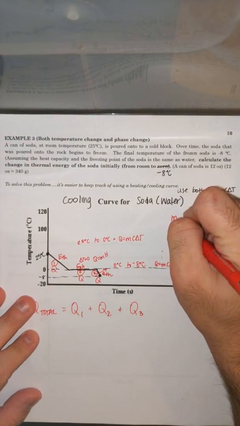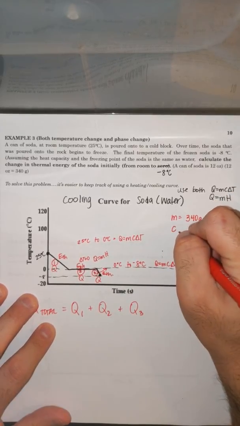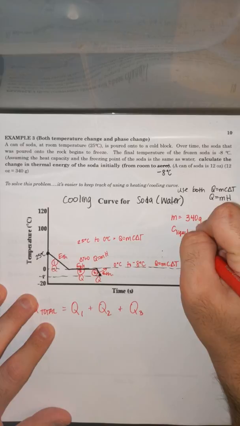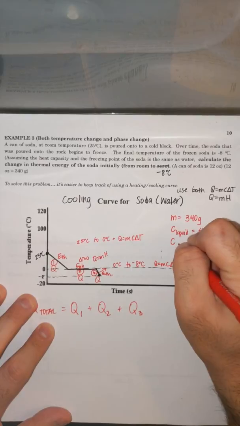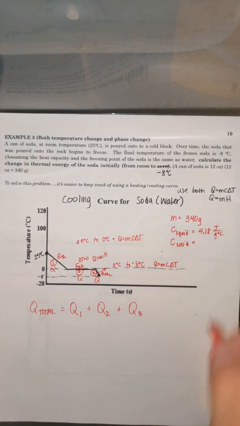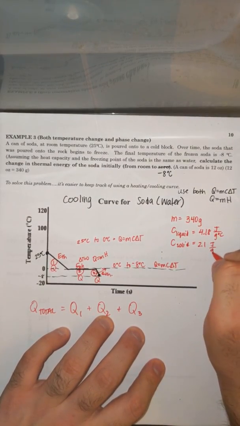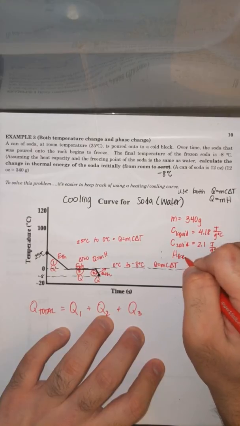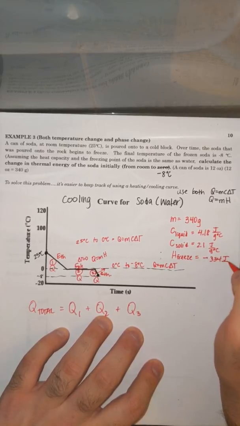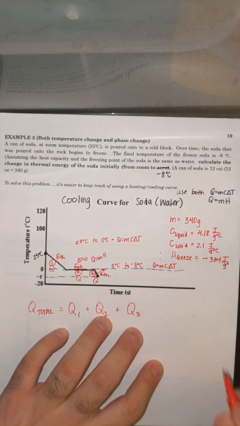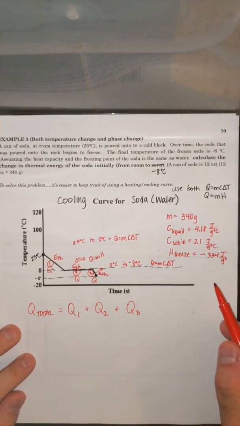Don't forget that m for everything is going to be 340 grams. C for liquid water is 4.18 joules per gram degrees Celsius. C for solid water is different; it's 2.1 joules per gram degrees Celsius. And the H for freezing is going to be -334 joules per gram. Keep in mind that these are the values I'm going to use.